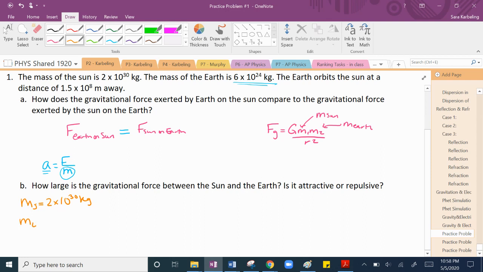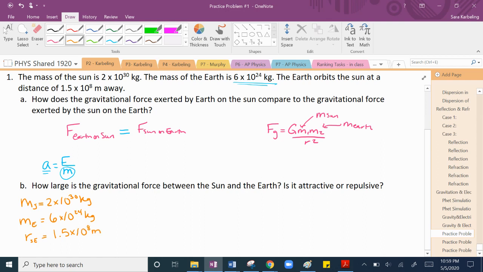And we know that the mass of the earth is 6 times 10 to the 24th kilograms. We also know that the distance between the sun and the earth, I write S and E for sun and earth from ingrained habits, but you can just write the radius because there's only one in this case, is 1.5 times 10 to the 8th meters.